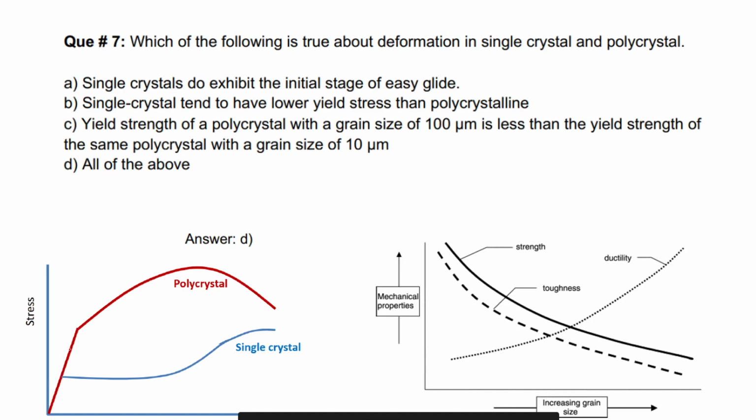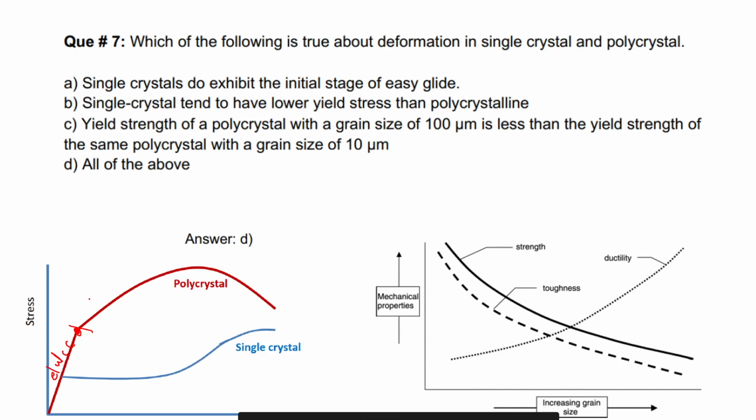This is the elastic region, right? So Hooke's law will be obeyed here. Then this point we can call the transition point, the yield point. Yes, yield point.